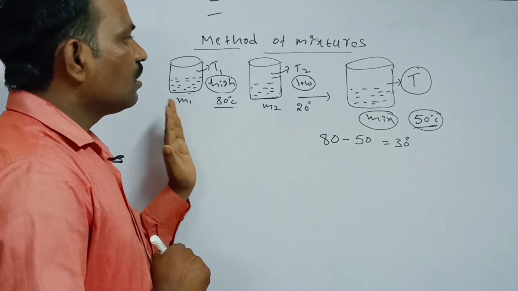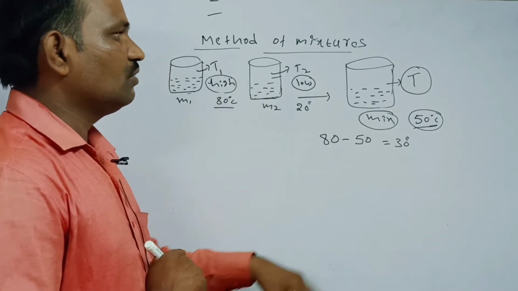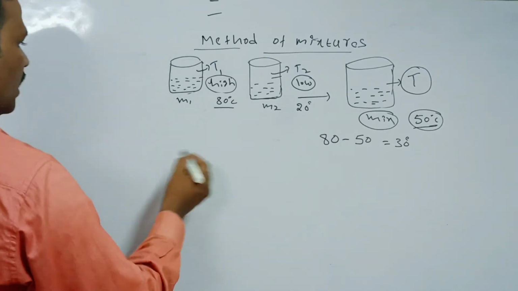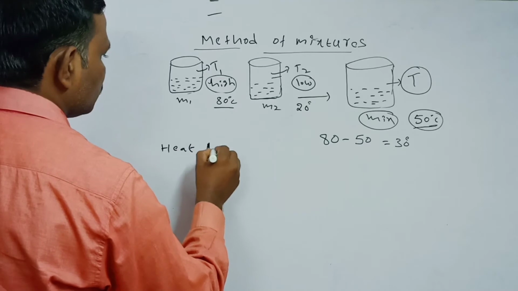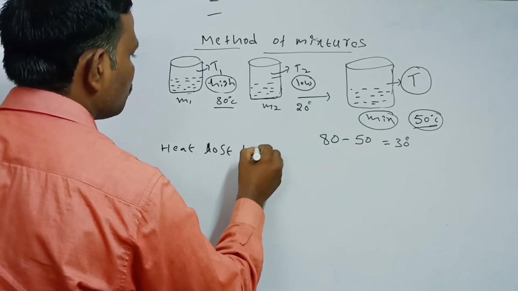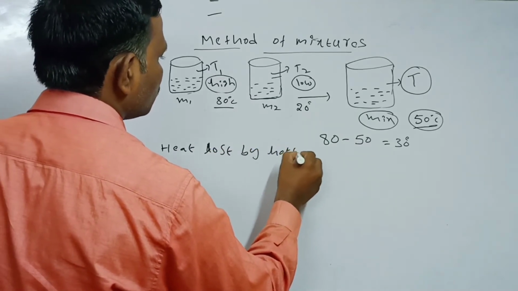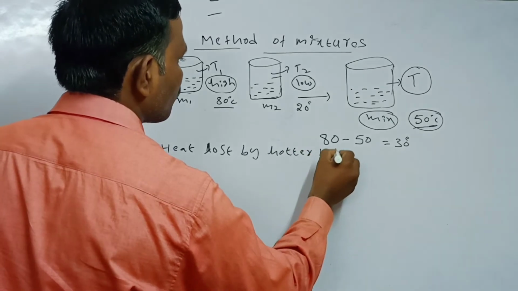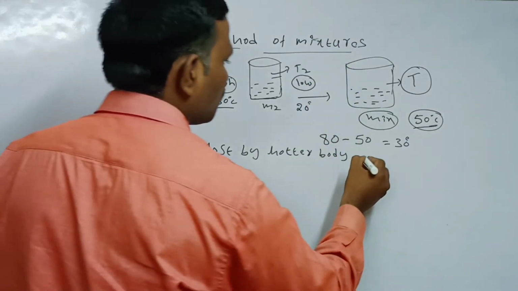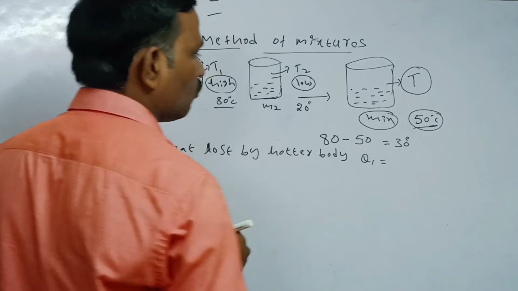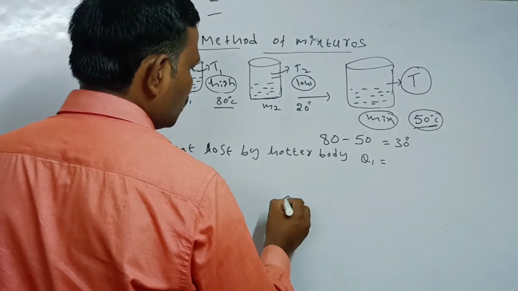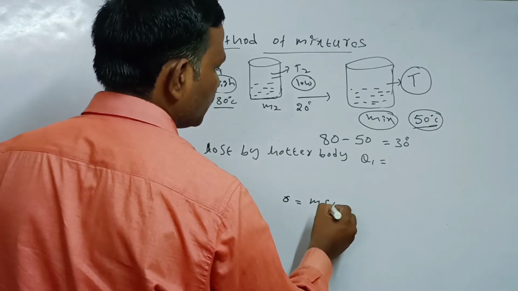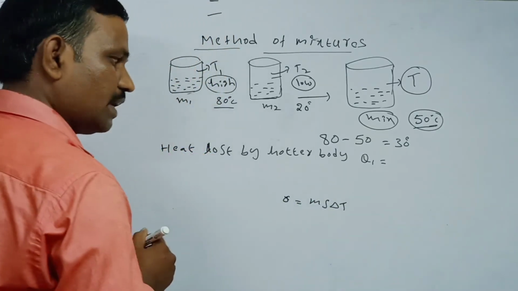The hotter body lost its heat energy in the mixture. So I can write like this: heat lost by hotter body, Q1 is equal to, by using the formula Q is equal to m s delta T.